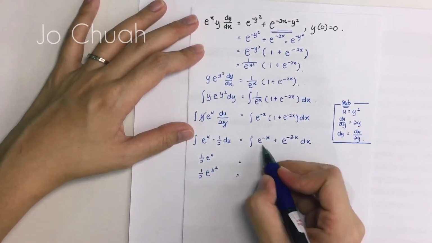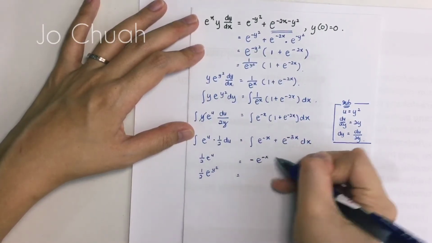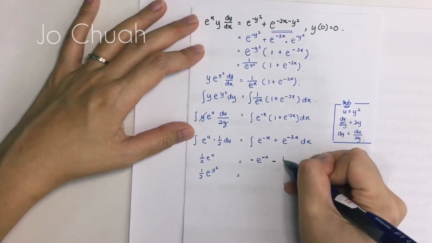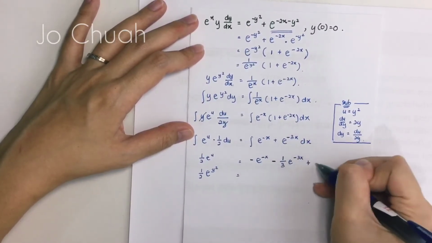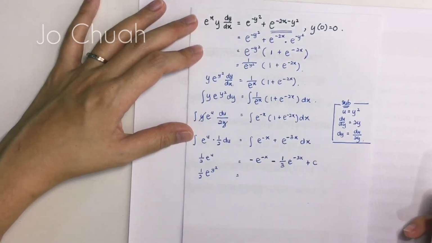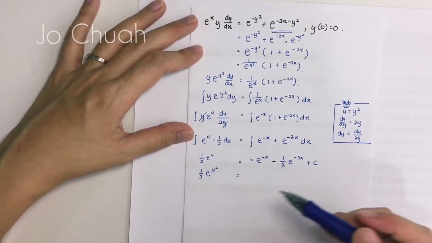For this one, you can easily integrate them. It's going to be negative e negative x minus 1 over 3 e negative 3x plus c. As I say, we're going to put plus c on just the right hand side. You don't have to put it on both sides.